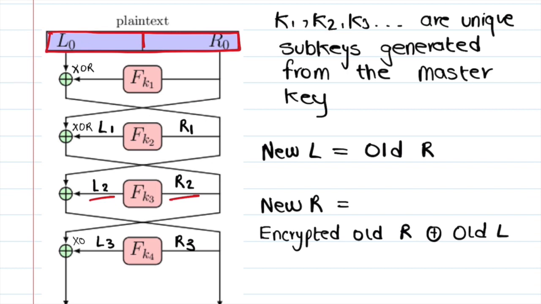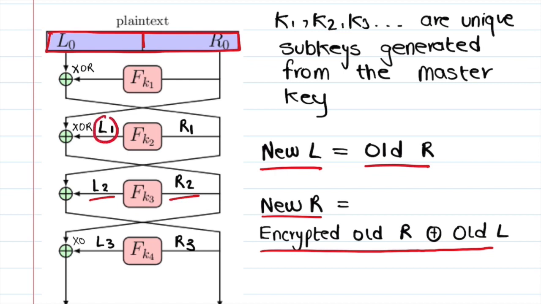To find out L and R at a given round, we can use two simple formulas. New L is equal to old R, and the new R is equal to the encrypted old R XORed with the old L. For example, L1 will simply be R0 without any changes.